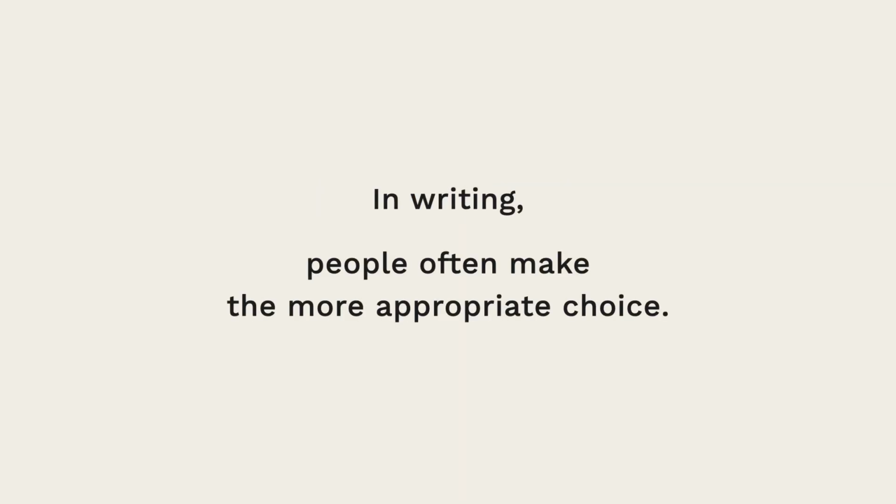Interestingly, whom is used routinely in more formal or careful speech, especially in writing, where people have time to think through the structure. And that points to something important. When people don't have to make the distinction in real time, they often make the more appropriate choice.